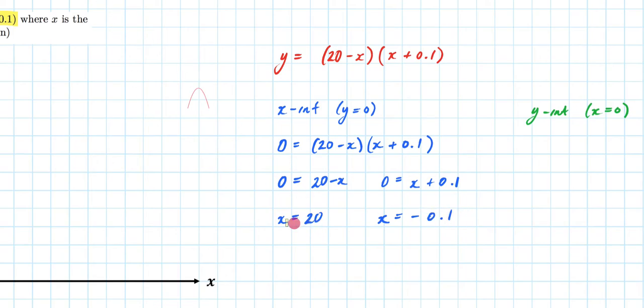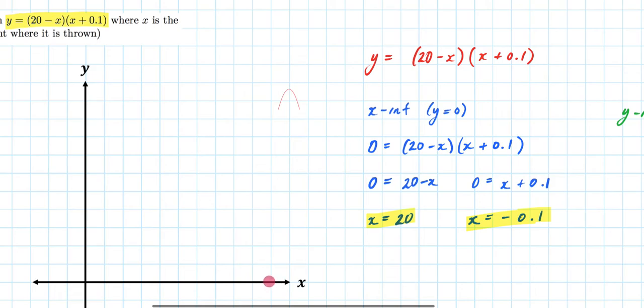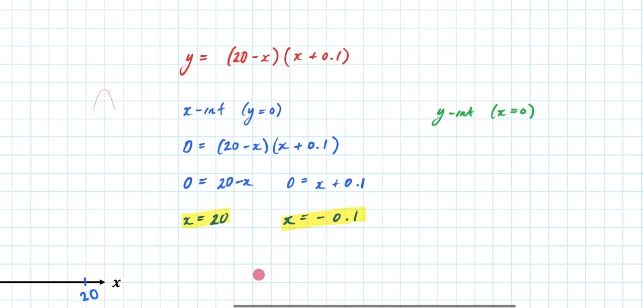So here are my two x-intercepts. I could come over and quickly plot them on. So I'm going to have one here at 20, and then another one here at negative 0.1. Next, I'm going to have my y-intercept. To find my y-intercept, I'm going to let x equal 0.